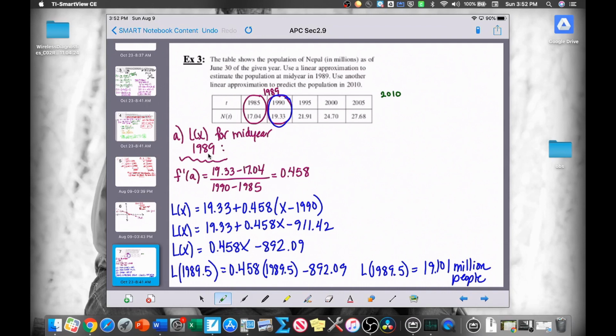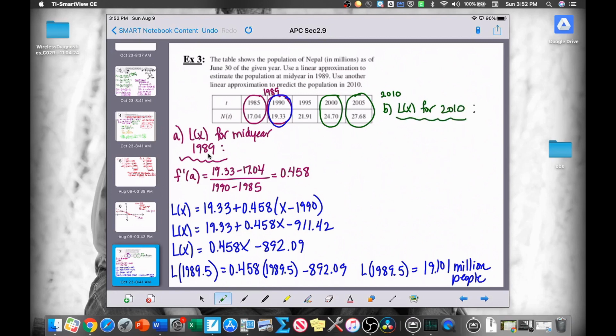But again, we can only do as good as the data that we are given. So once again, I have to choose two ordered pairs in my table to find my slope and to write my linear approximation. So the two closest ordered pairs that I have to work with are going to be these two ordered pairs. So my part B is going to be my L of x for the year 2010.